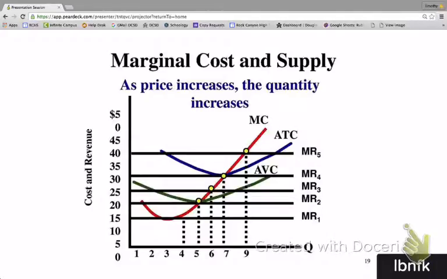It will shut down if the price is any price below $20. And the individual supply curve will be the marginal cost curve at any point above a quantity of 5 and price of $20 upward. And the quantity supplied will be represented by those points on the marginal cost curve.